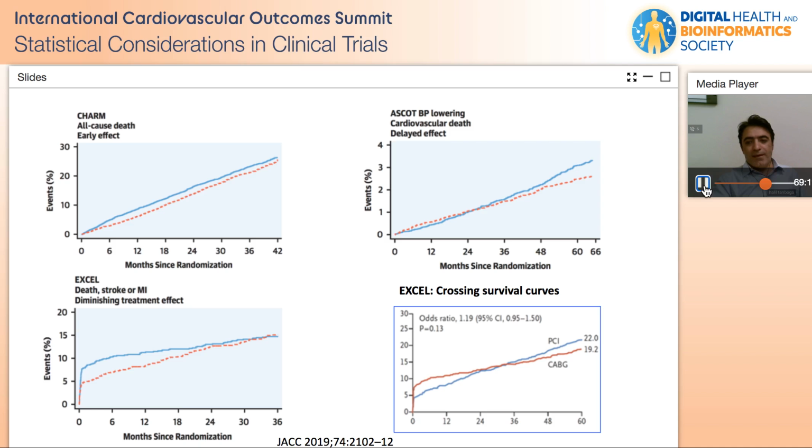For example, the separation of survival curves in the early phase of the CHARM trial or in the late phase of the ASCOT trial are also indicative of the presence of non-proportional hazard. In the first EXCEL paper published in 2016, it was demonstrated that the efficacy of treatment diminished in the late phases, which was also associated with non-proportional hazard.